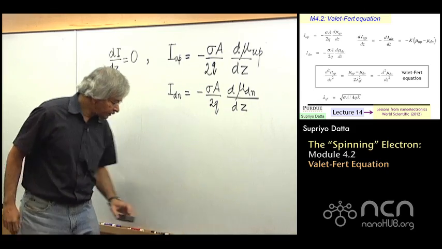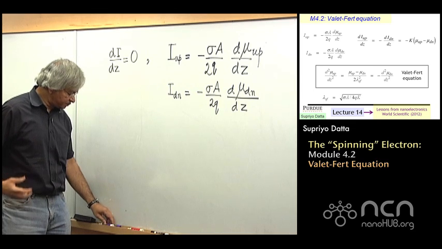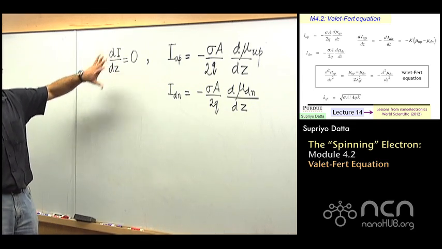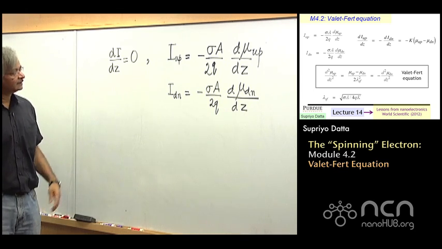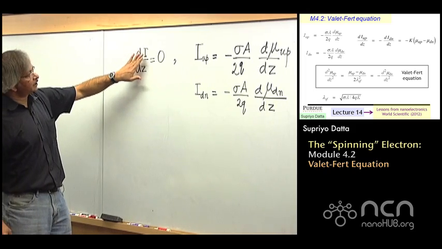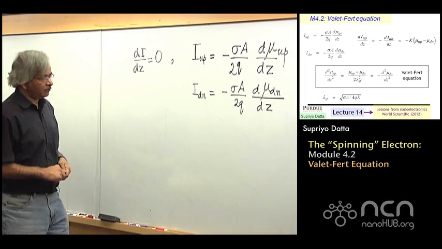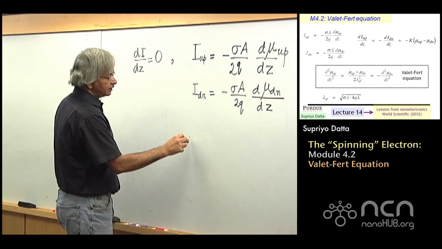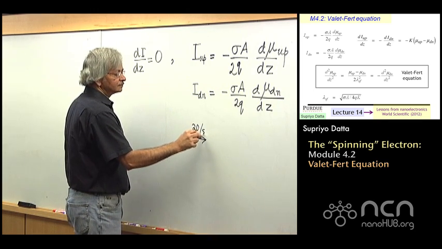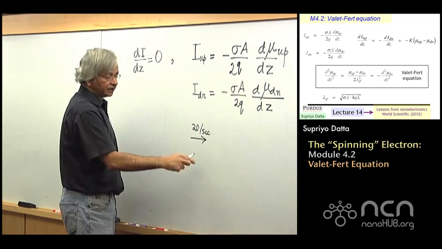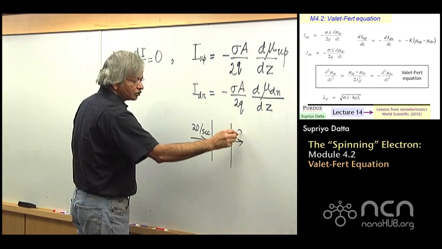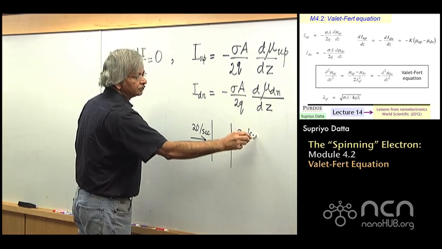Now, the part where we need to include the spin flip processes is this one. That is, I had argued earlier that in a one-dimensional channel, the current cannot change with distance. Why? Well, because the argument goes that if you have 20 electrons coming in per second from the left, and that's the current here, then as you go down the channel, a little later, it also has to be 20 per second going out.